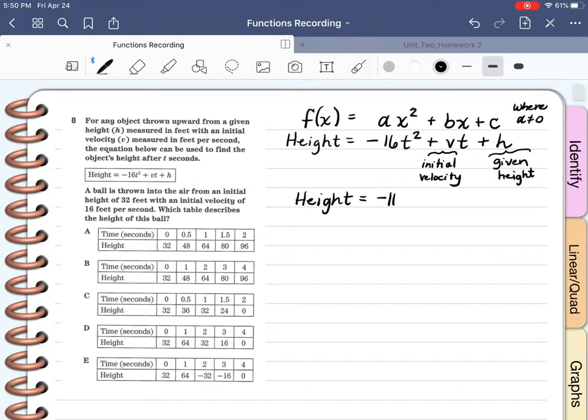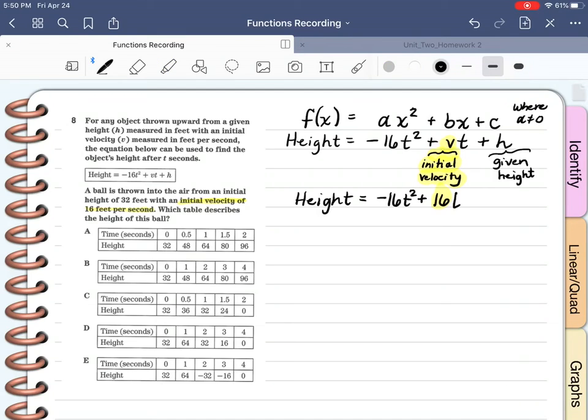We know negative 16t squared is part of the formula. But I want to look for an initial velocity. That's this v letter that's not familiar to me at all. And if I look at my story, it says an initial velocity of 16 feet per second. So I'm going to substitute 16 for v, because they tell me to use 16.